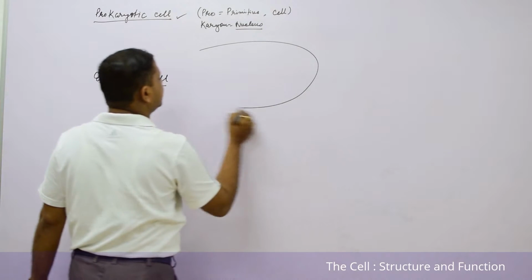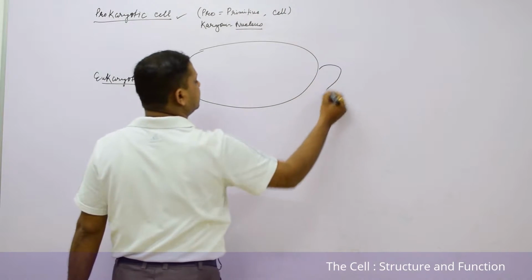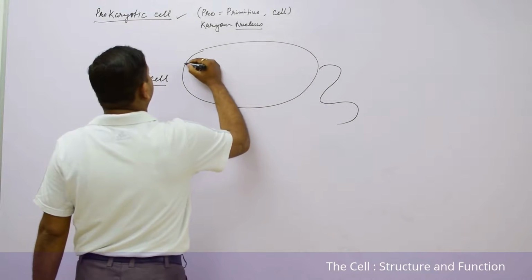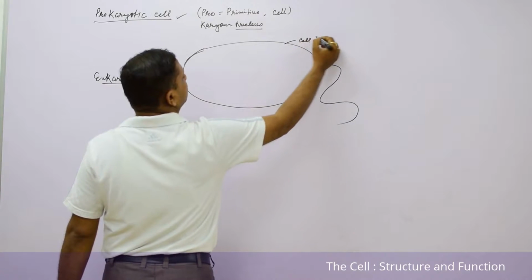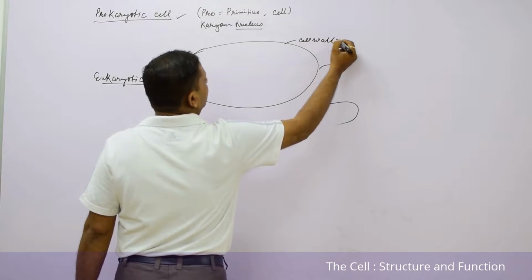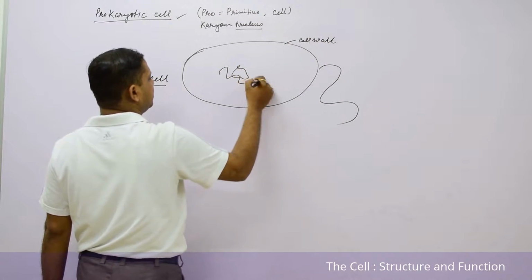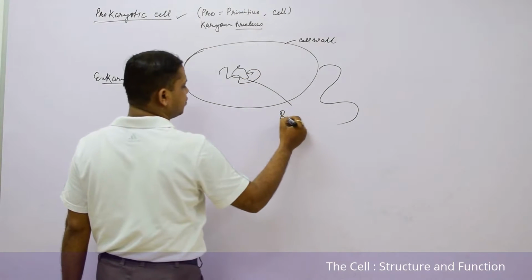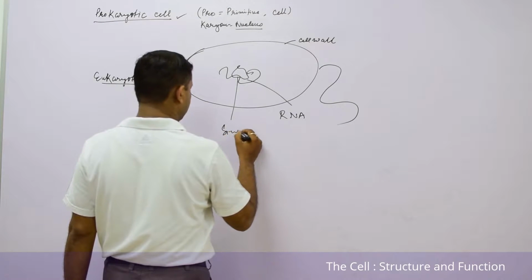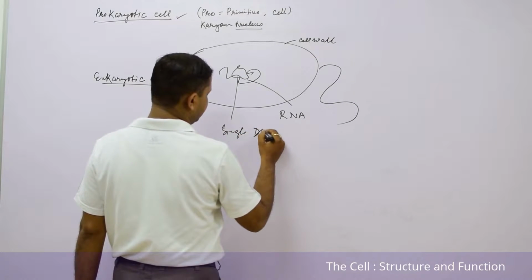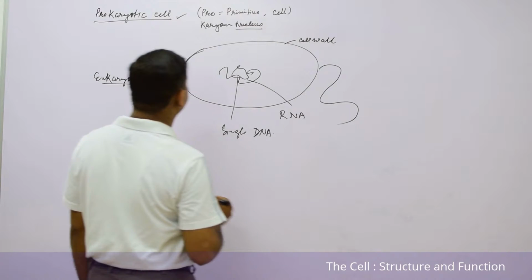Suppose this is a bacterial cell. This is the flagella. It is enclosed by the cell wall. This is called the cell wall. And here there is genetic material, either an RNA strand or sometimes a single DNA strand, also seen in some bacteria.